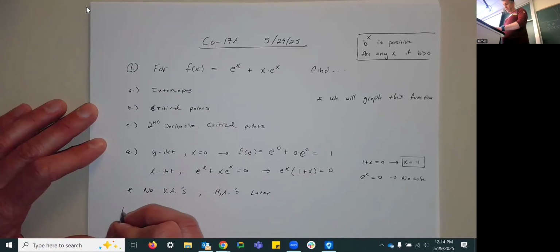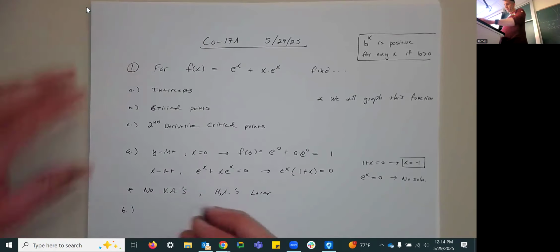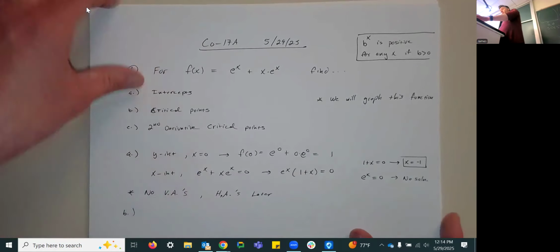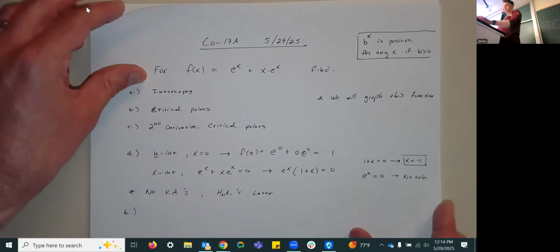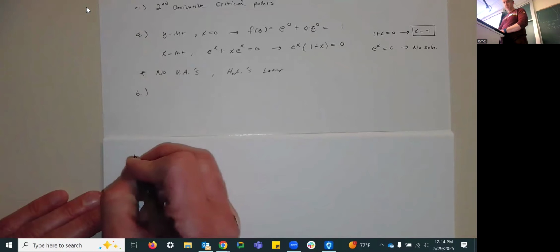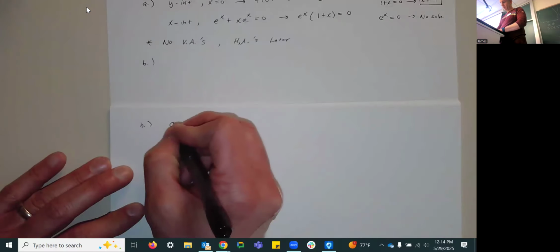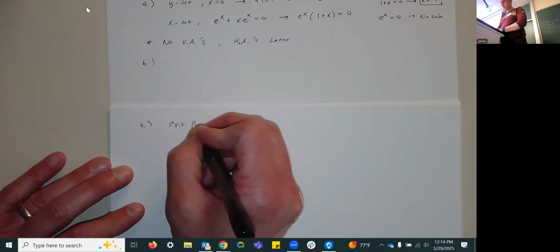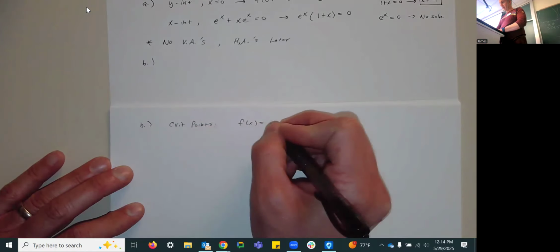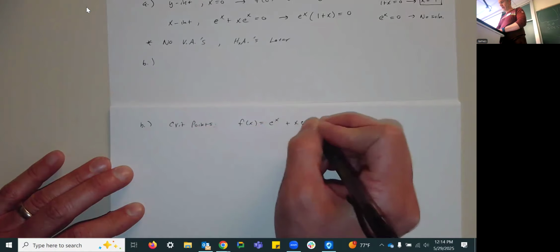For the critical points, sure. Let's go ahead and use another piece of paper here. So we're going to take our derivative. So critical points. Our function, again, is e to the x plus x e to the x.